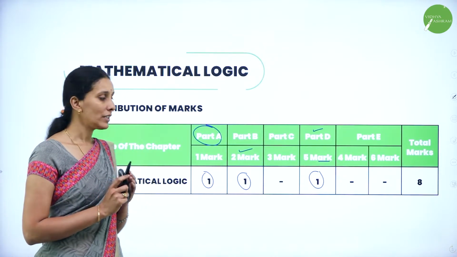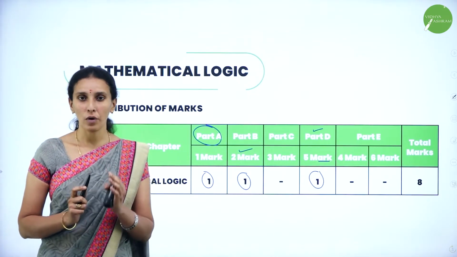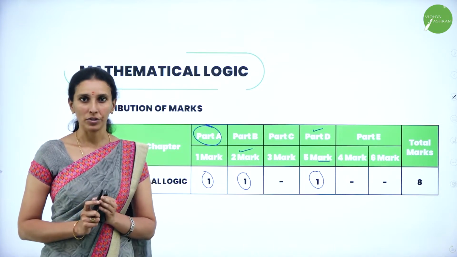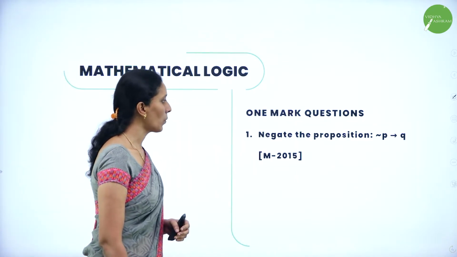So let's see what are the types of question they may ask you for 1 mark, 2 mark and 5 mark question. So here we are at 1 mark question.